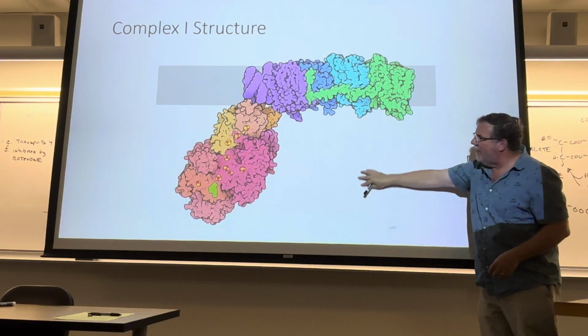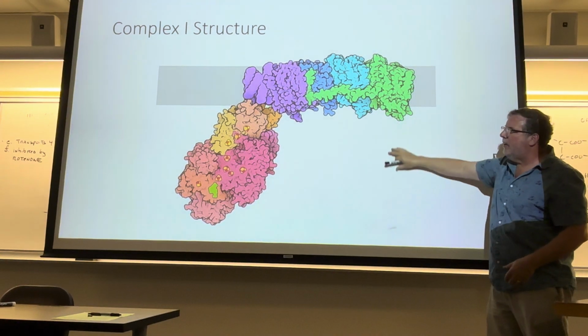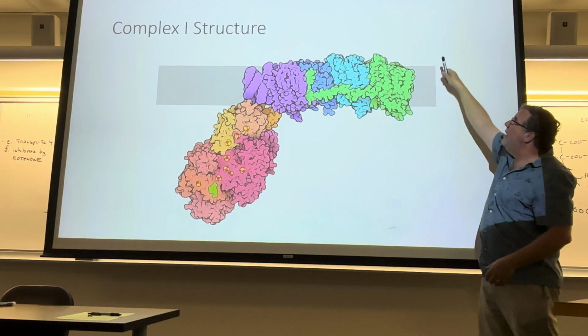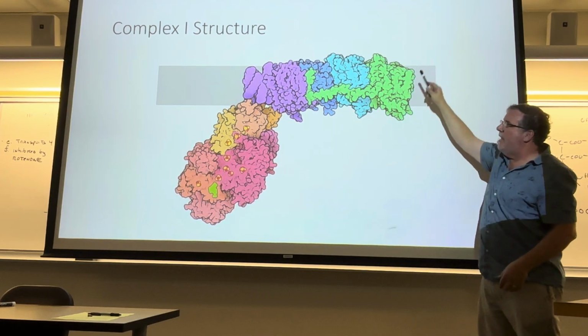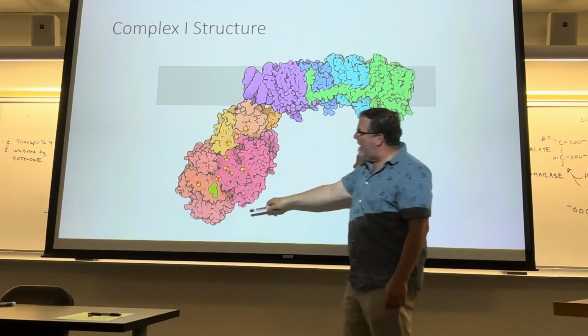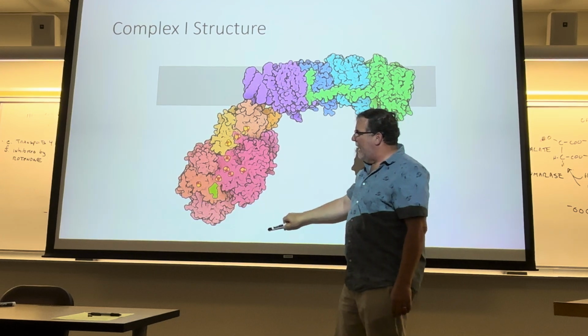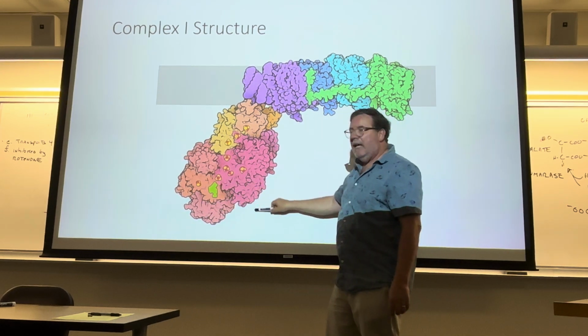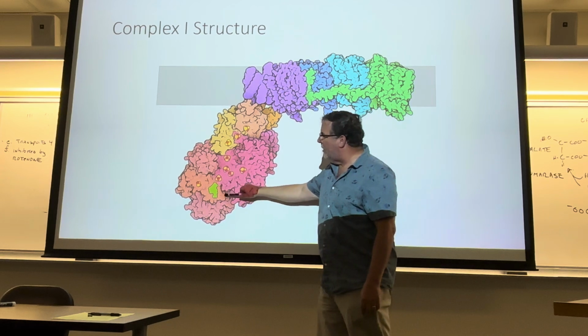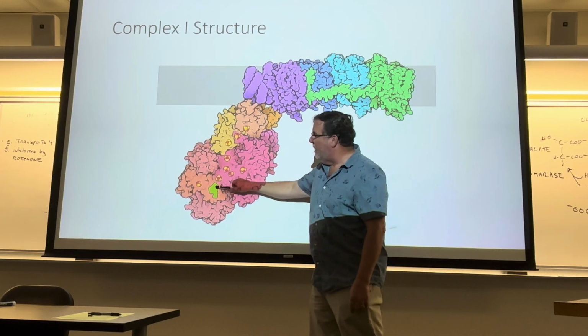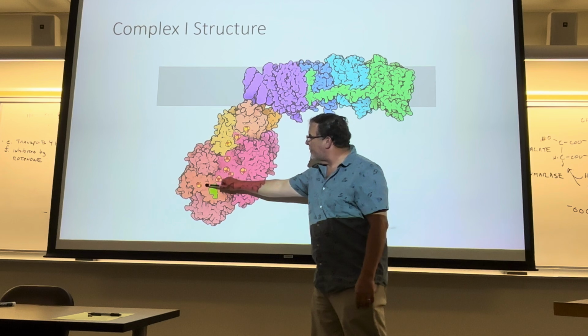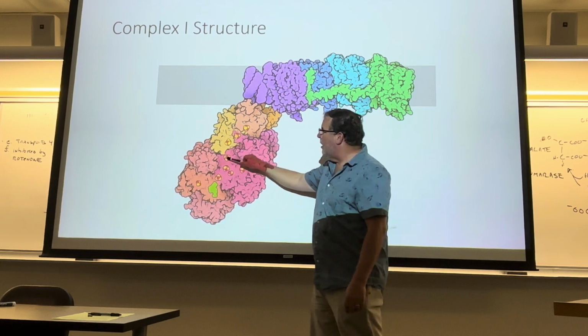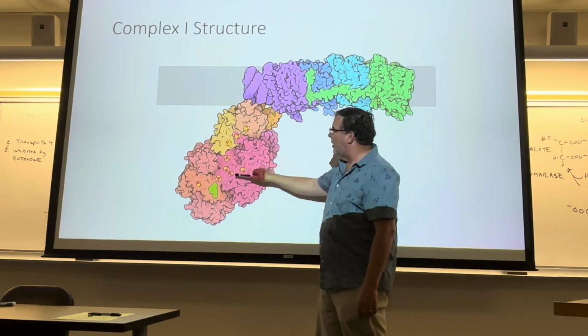Again, down here is like I put on the board: down here is the matrix, here's the membrane, and up here is the intermembrane space. So basically the NADH comes and binds here and transfers its electrons. This green here is the flavin mononucleotide, and all these other yellow-red things are different iron-sulfur complexes.